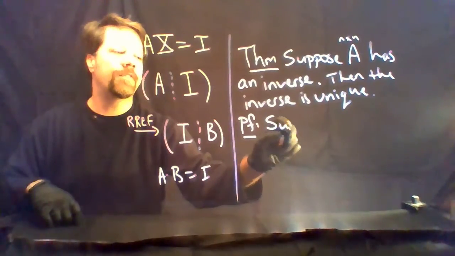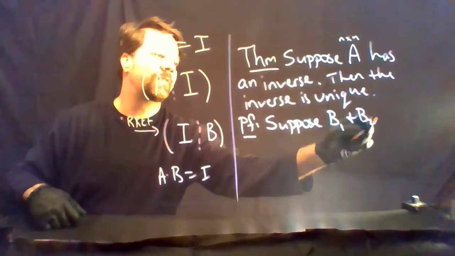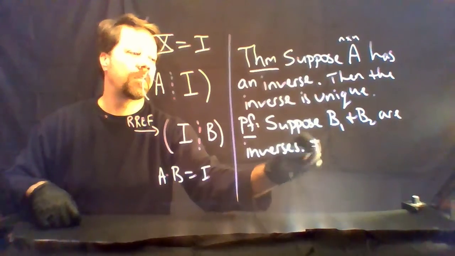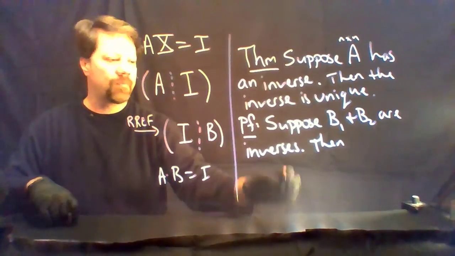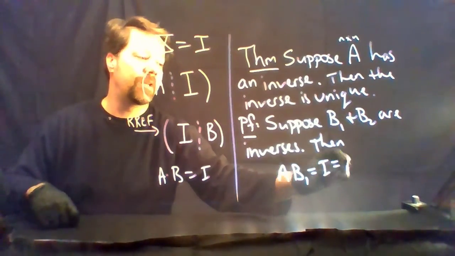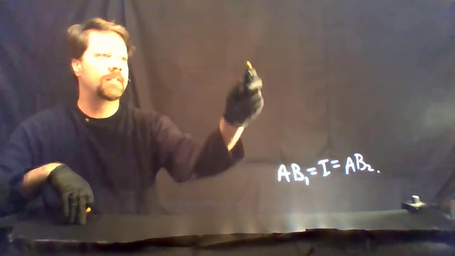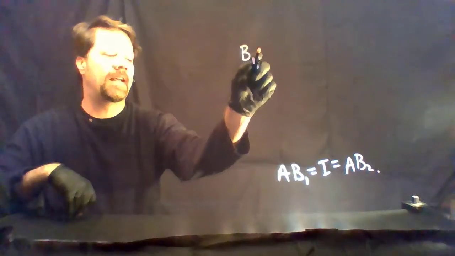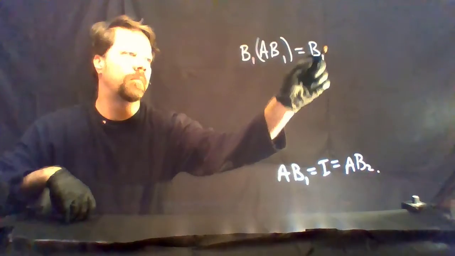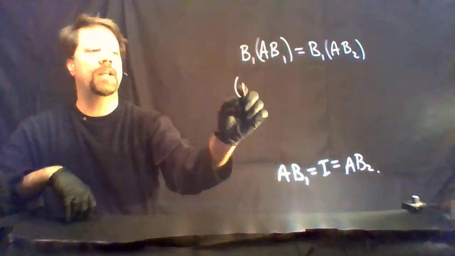You suppose there are two of something. Suppose B1 and B2 are inverses. Then we know AB1 is the identity matrix, which is also AB2. It follows then that if we multiply by B1 on the left, we can reassociate the product.